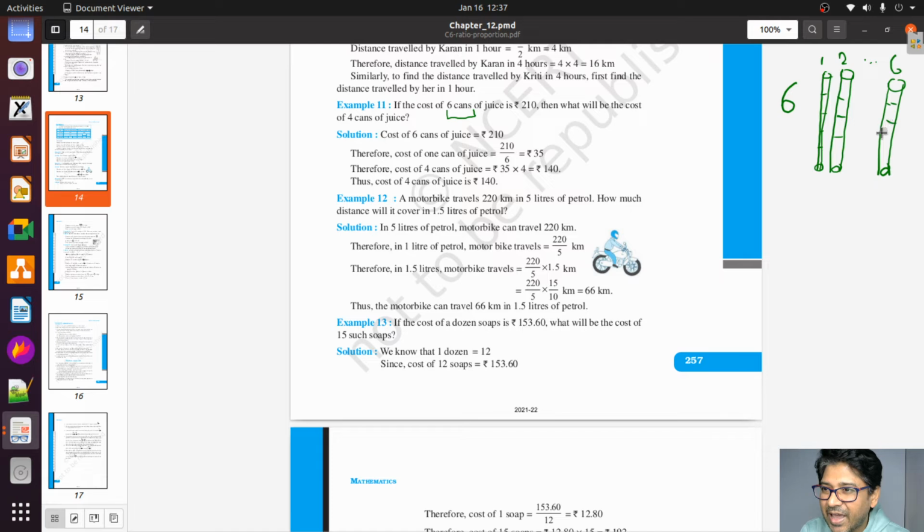Okay, these are the 6 canes we have. Okay, now then what will be the cost of 4 cane? 6 cane का दाम दिया हुआ है कितने? 210 rupees.